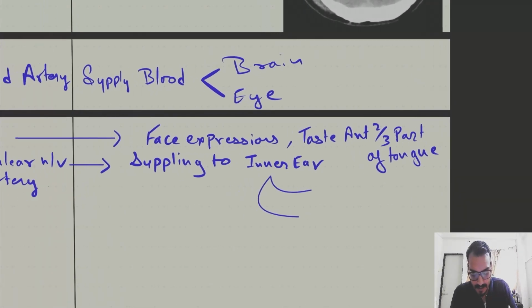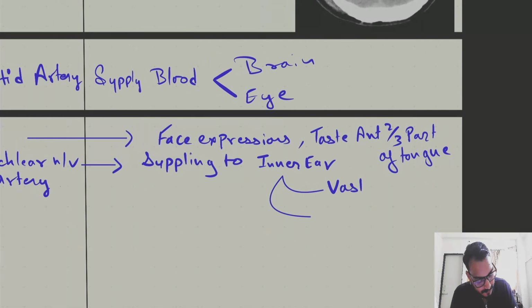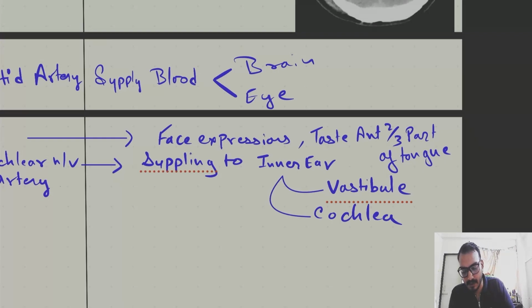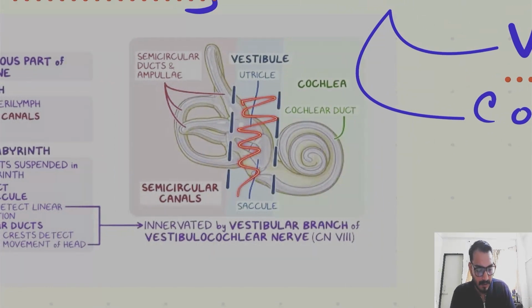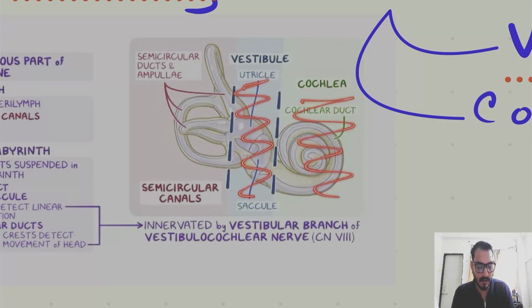The first one is known as the vestibule and another one is known as the cochlea. Inner ear, this part here is the vestibule and this part is known as the cochlea.